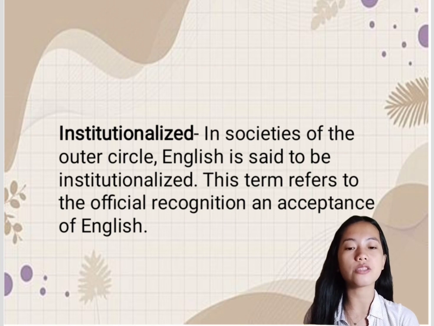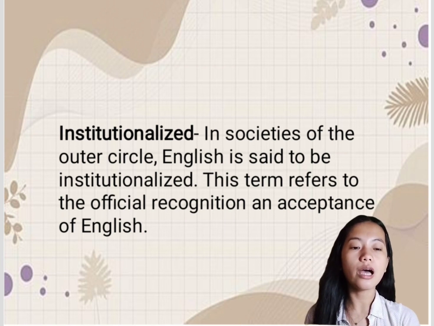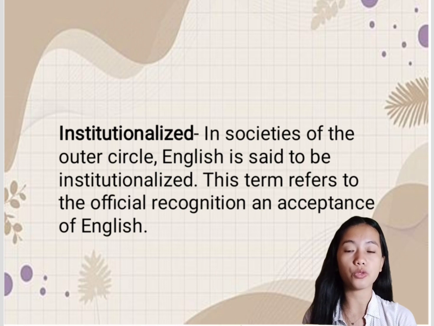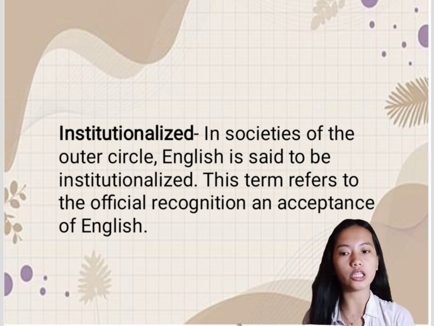One refers to the historical relationship and the other to the nativeness of a language in terms of its functional domains. In societies of the outer circle, English is said to be institutionalized. This term refers to the official recognition and acceptance of English.